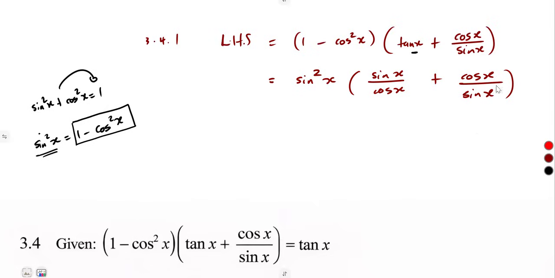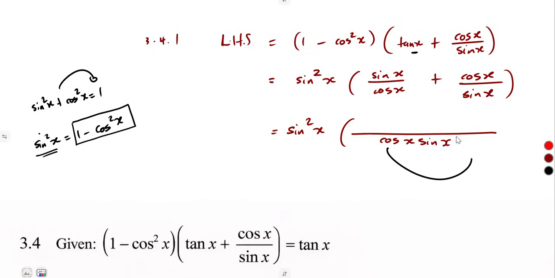All right. Let us simplify our bracket. So this is sine squared of x. Here we're going to add. So we're going to need the LCD of the given denominators, which is cos x, sine of what? Sine of x. Okay.